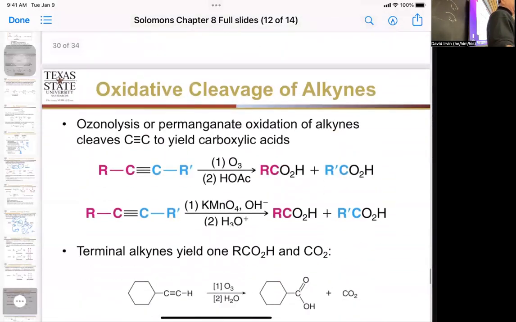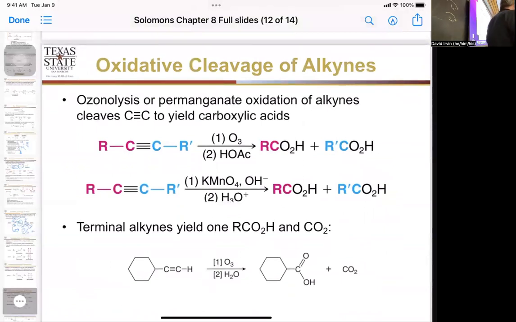Okay. Now, the alkynes can be oxidized too, and in ozonolysis, it doesn't stop. It typically oxidizes everything down to carboxylic acid. Okay, so because you can't stop at a ketone. Why?